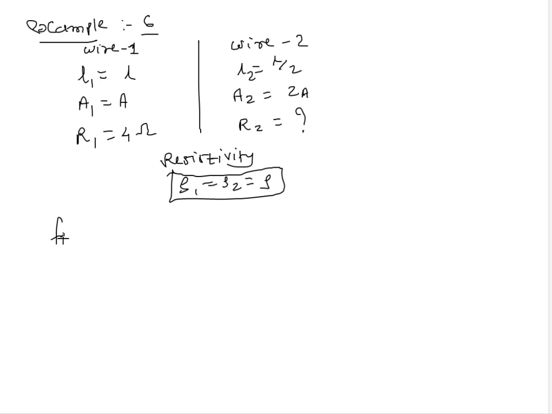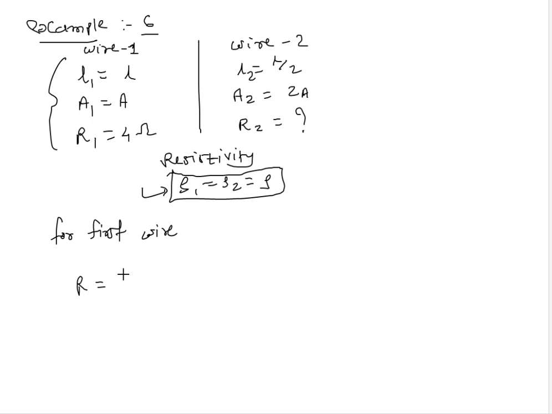Now first of all we will find the resistance according to the formula for the first wire. See, these are the data: L, A, R and rho. Can anyone tell me what the formula is? R is equal to what? Which formula can be used here?